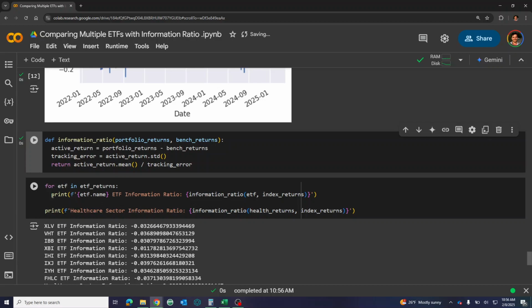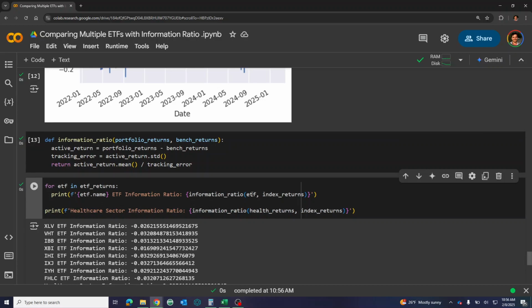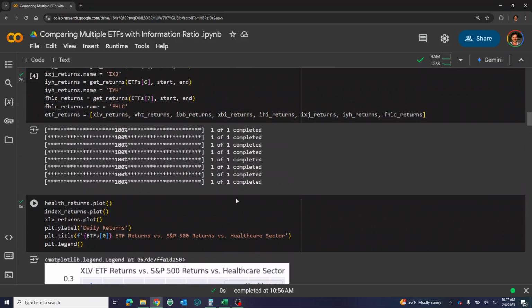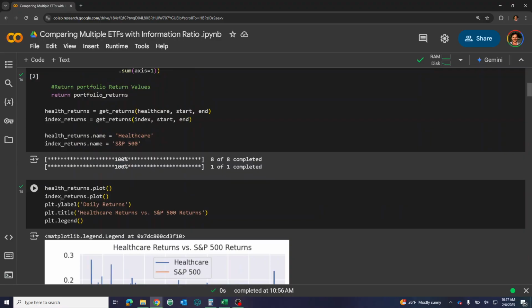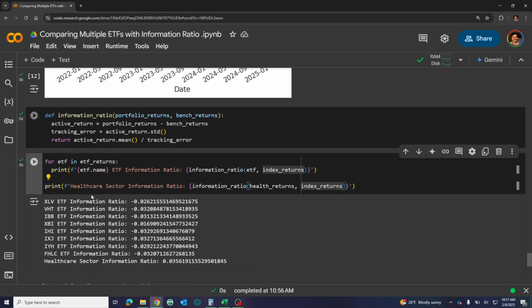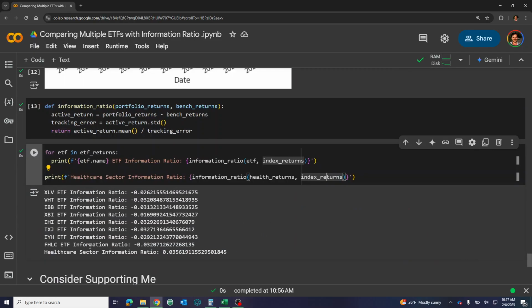Now we loop through each ETF and we're using the index returns. Our index returns is the S&P 500, I believe, right? Let me scroll all the way back up here. It must be, yeah. And then now we're using the healthcare sector portfolio and comparing that against the overall market.